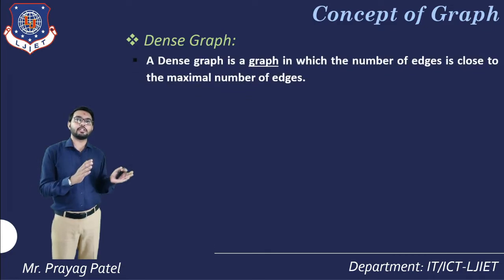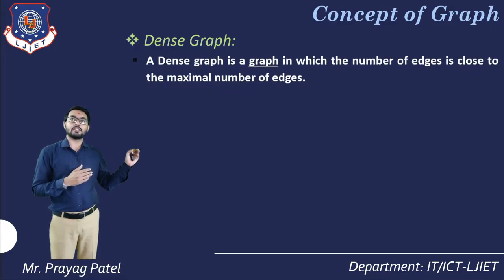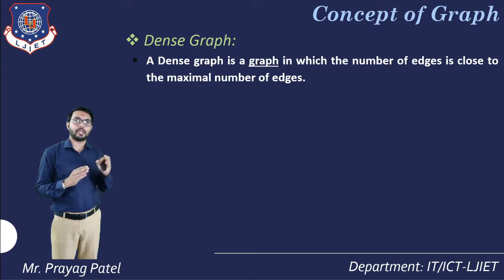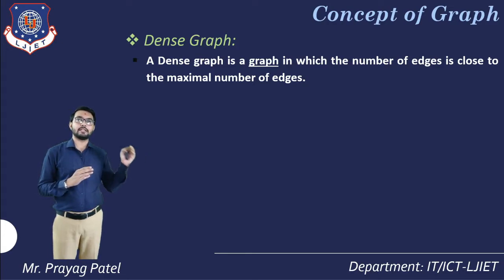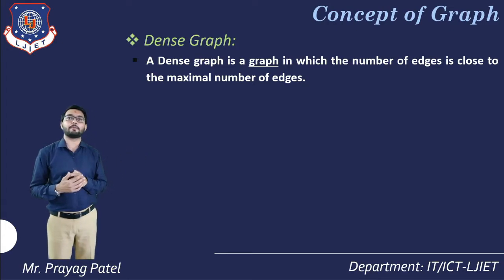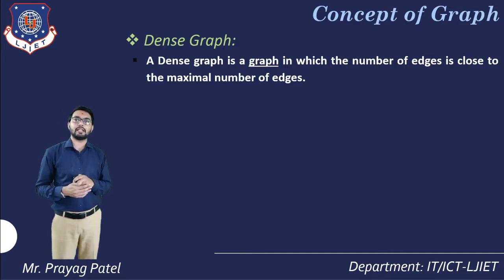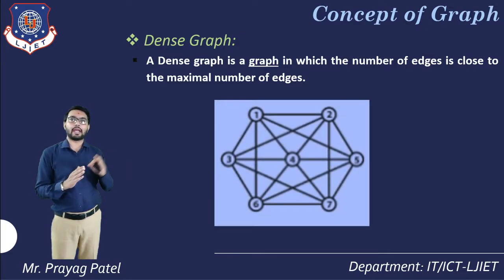Now consider the next definition, a dense graph. A dense graph is the opposite of a sparse graph. A dense graph is a graph in which the number of edges is closer to the maximum number of edges. Not totally n square divided by 2 edges, but compared to the number of nodes, there are many edges available.